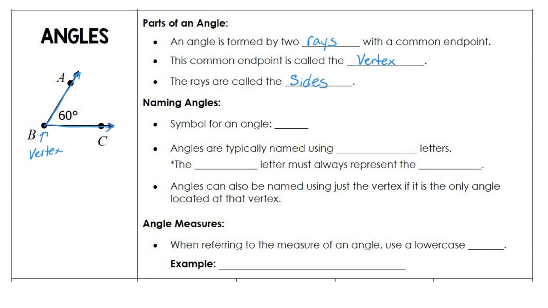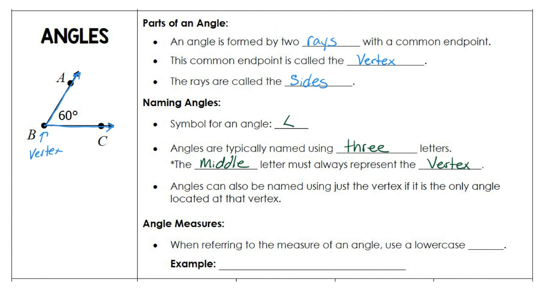The symbol for an angle is this little guy. It kind of looks like a slanted L. Angles are typically named using 3 letters. The middle letter must always represent the vertex. Angles can also be named using just the vertex if it is the only angle located at that vertex.